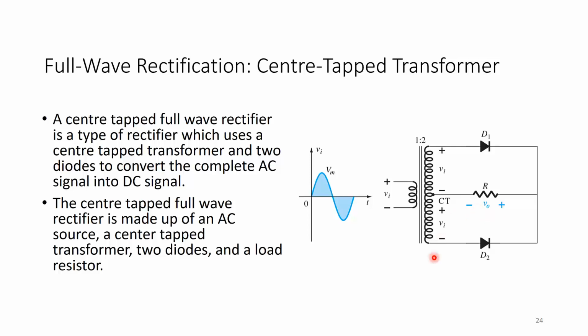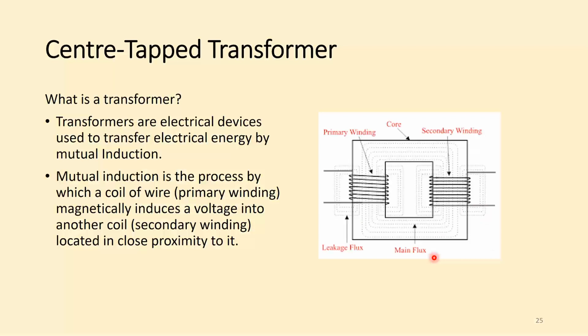Before we go on into the center tapped transformer full wave rectifier, let's do some revision. You may or may not have heard of center tap transformers from other courses. Don't worry, you'll be facing a lot of designs with parts or modules that we have never seen before later on when you go on in your life dealing with technologies.